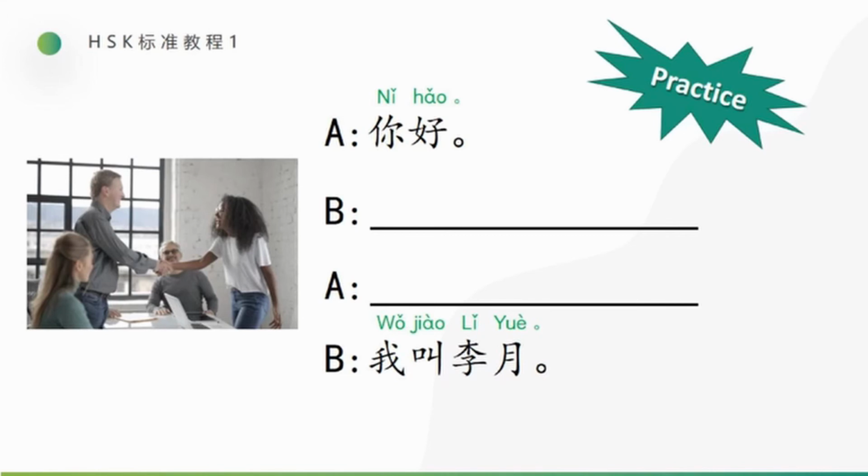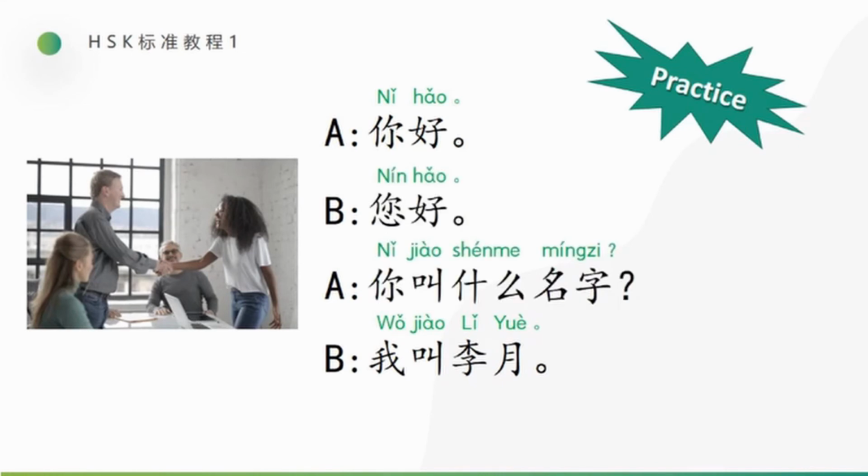And then B says 我叫李月. So maybe A asks a question. So in this case, A should say 你叫什么名字? 很好. Like this. 你好, 您好. 你叫什么名字? 我叫李月. Very good.